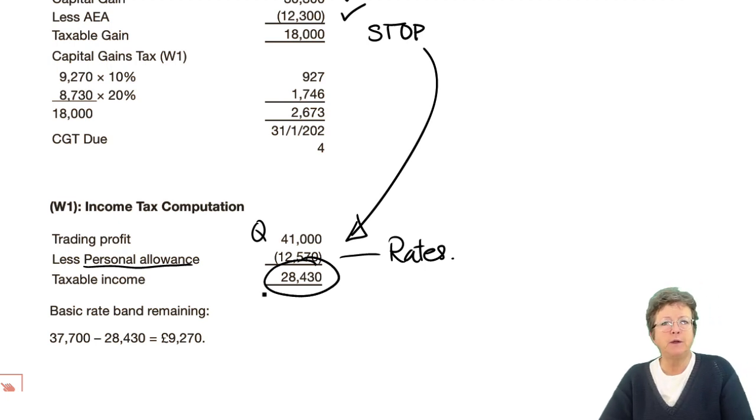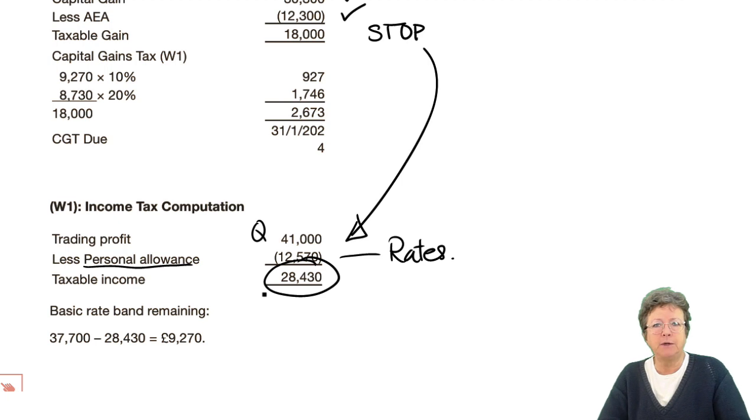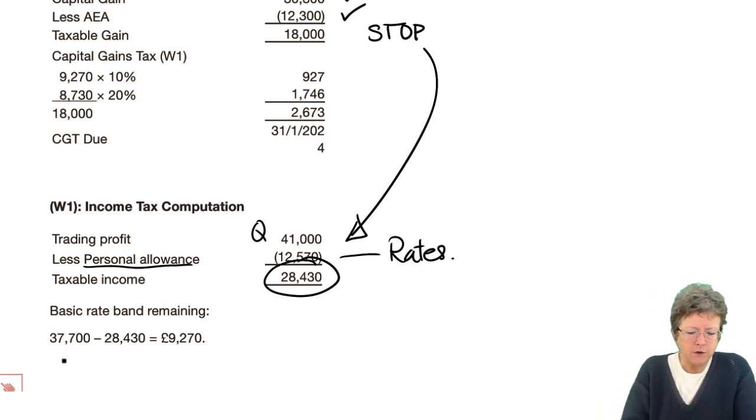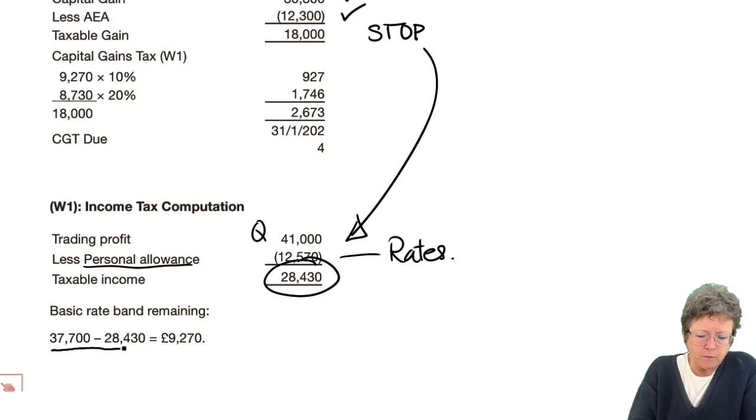You don't have to work the income tax. That's not the income tax out now. That's not what you're doing this for. You're doing this to work out how much basic rate band there is left to be used against the capital gains to work out what the rates are. Again, show the working.